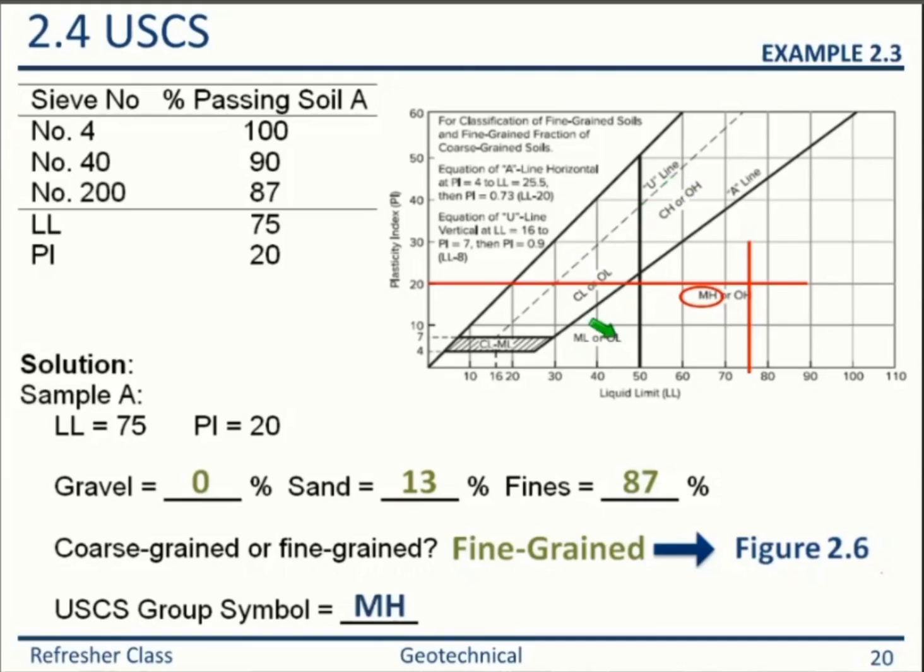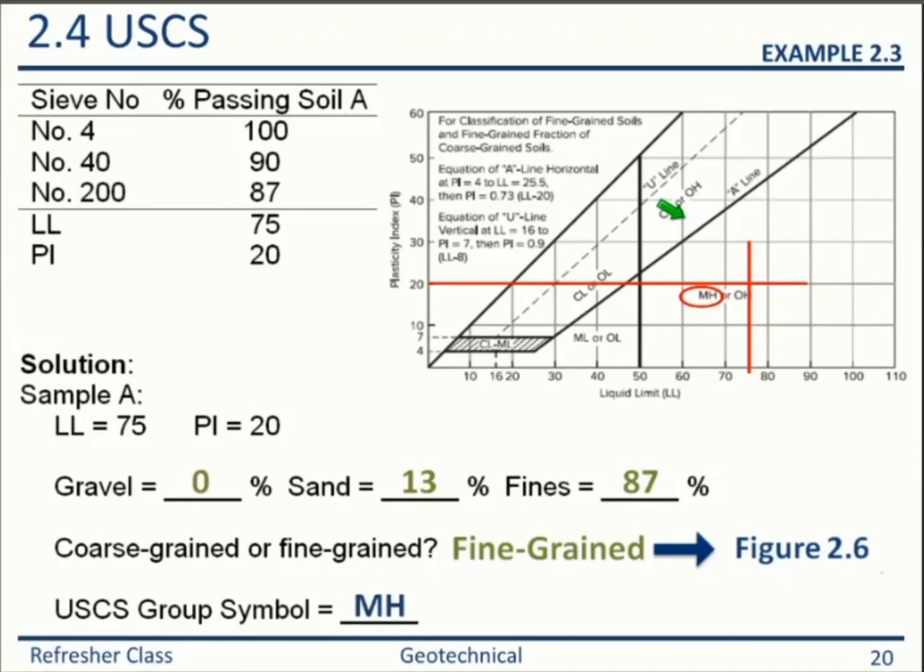And one more thing I would like to tell. This is your A line, right? Sometimes when you plot your value, it could be on the line. If it is on the line, classify the soil as the higher side. So in this case, if it lies here, I will classify the soil as clay, highly plastic clay, right?